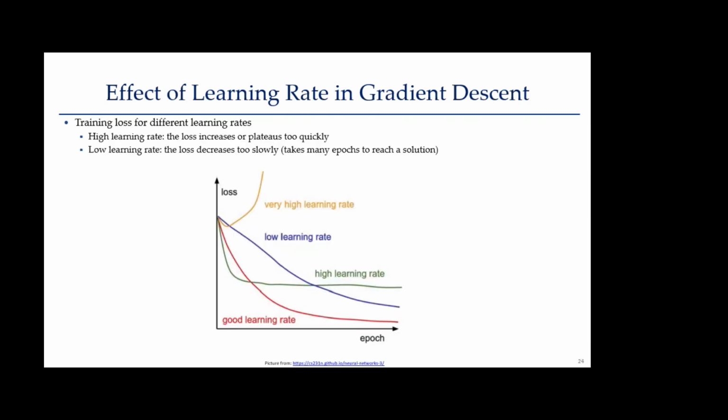Looking at it from a different perspective, if we plot the loss for different learning rates against the number of iterations, this is what we're going to get. If we use a very low learning rate, this is going to be our curve. The loss will gradually decrease.